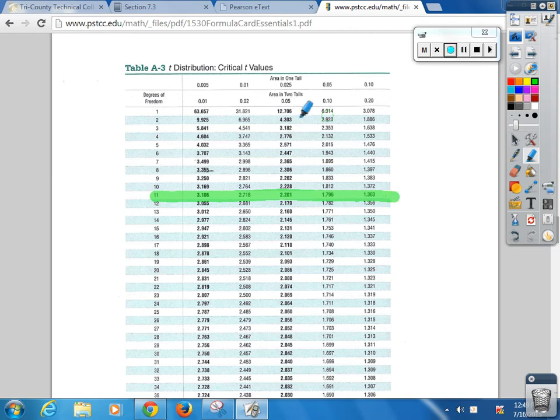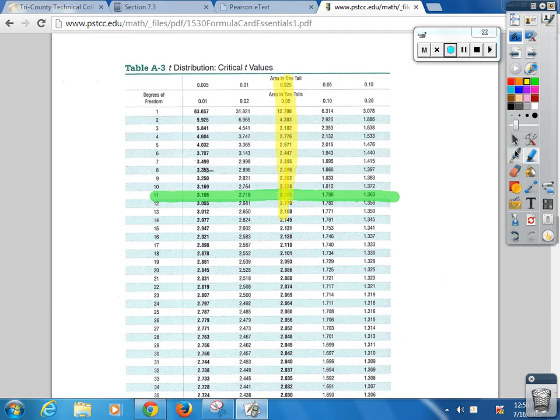Alpha divided by 2, that's 2 tails, is 0.025, which would be this one right here. Oh, wait a minute, there it is. 0.025, which would be 2.201. And take your handy dandy yellow marker. And it's 2.201.